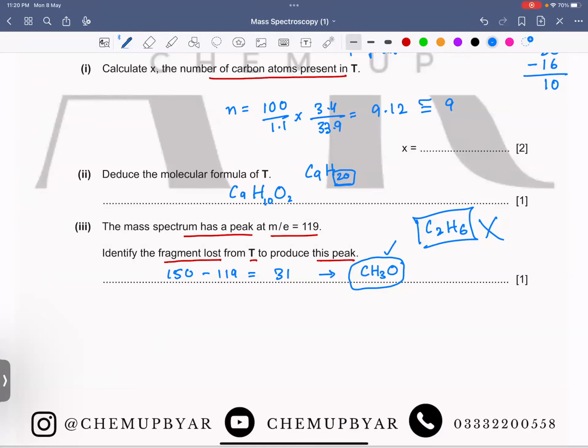There might be a possibility that it would be positive or a radical, but it cannot be a whole molecule. There must be one bond which can be made by this CH3O. Okay, sir. So will the fragment have one less, or one or more? No, normally one bond only.